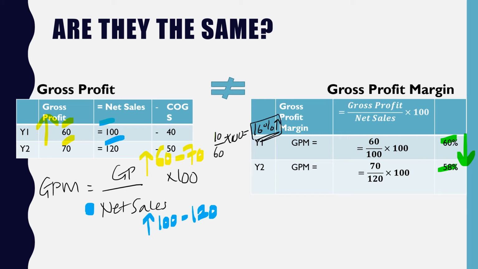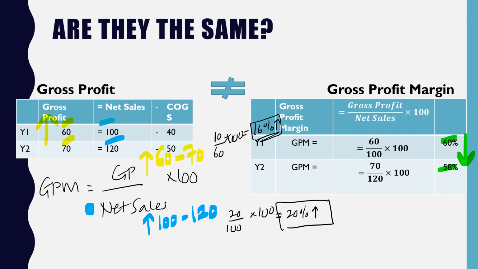Whereas the net sales was an increase of $20, and comparing it to the original 100, this was actually an increase in net sales by 20%. So this confirms our understanding that the net sales has increased in greater proportion than the increase in gross profit. And that is why overall this has led to a decrease in gross profit margin.